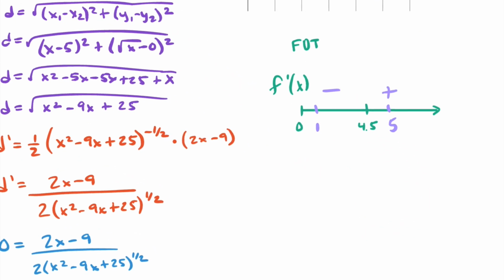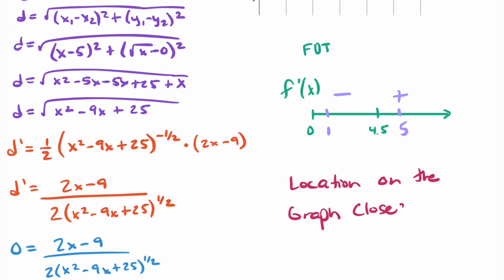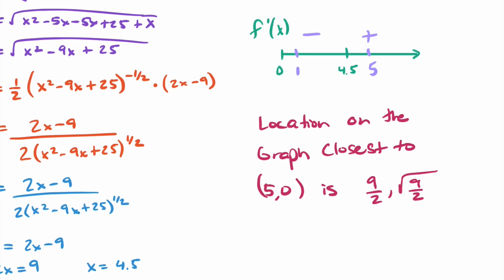So at what point on the graph, so the location on the graph closest to (5, 0) is 4.5 comma the square root of, let's just say 9/2.